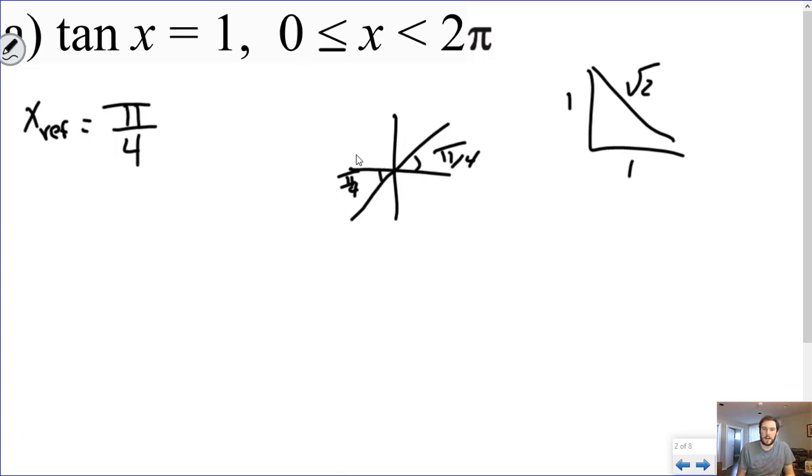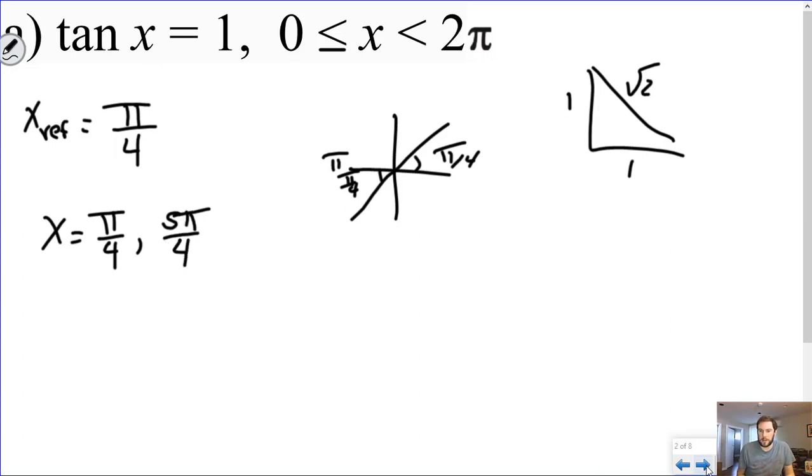It happens twice, so we'll have 2 answers. Our answers here are x equals pi over 4, and x equals, this is pi here, so if I go one more quarter of pi, so quarter of pi, 2 quarters, 3 quarters, 4 quarters, 5 quarters of pi, we get 5 pi over 4.